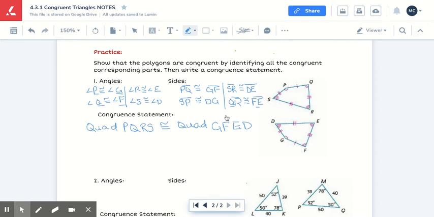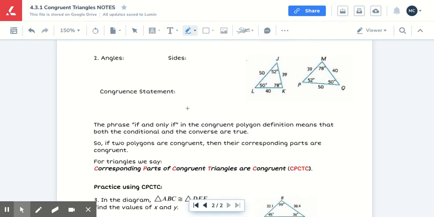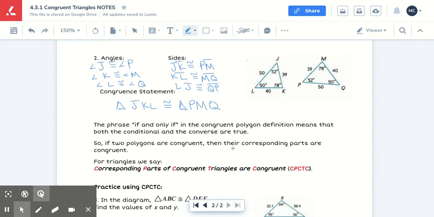All right, there's another guided practice problem on here. So you should go ahead and try this one also. This one has triangles, but this time instead of giving you tick marks and arcs, they've written numbers. All right, so your congruent and corresponding angles would be J and P, K and M, and L and Q. The sides would be JK to PM, KL to MQ, and LJ to QP.